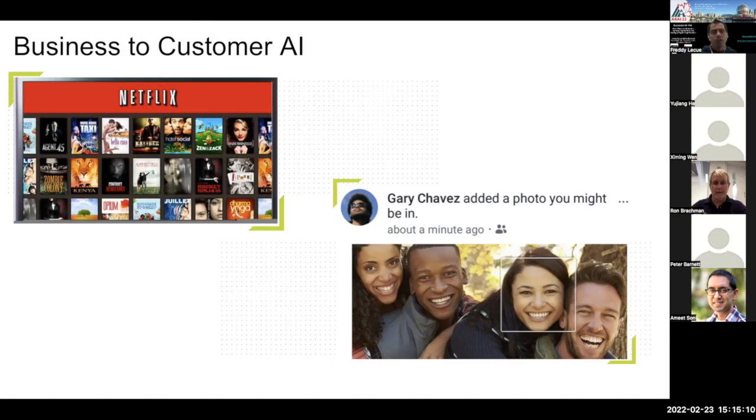And at the end of the day, whatever prediction they're doing, or root cause analysis, it ends up making a recommendation, for instance, for you.